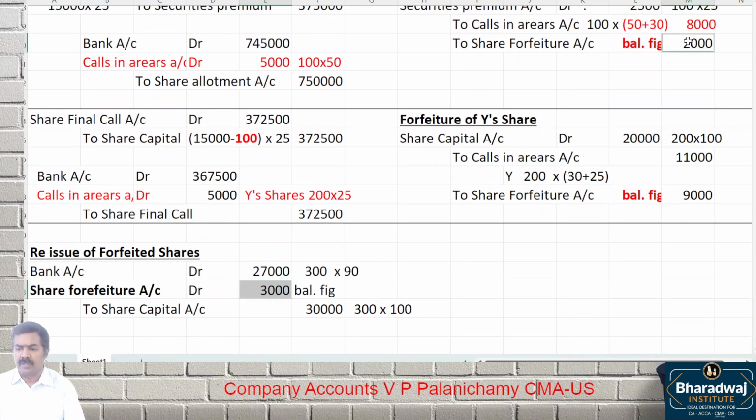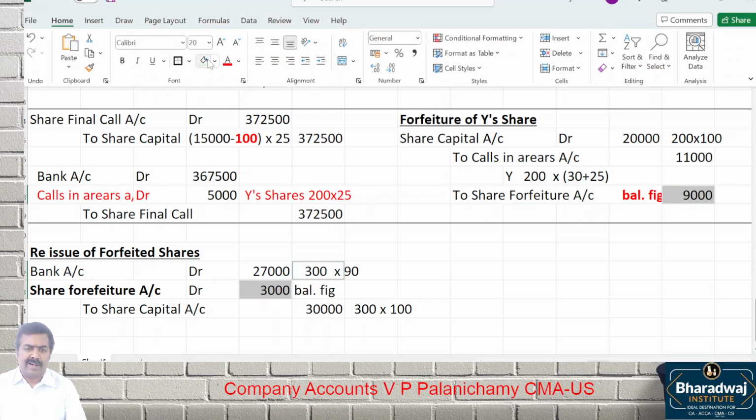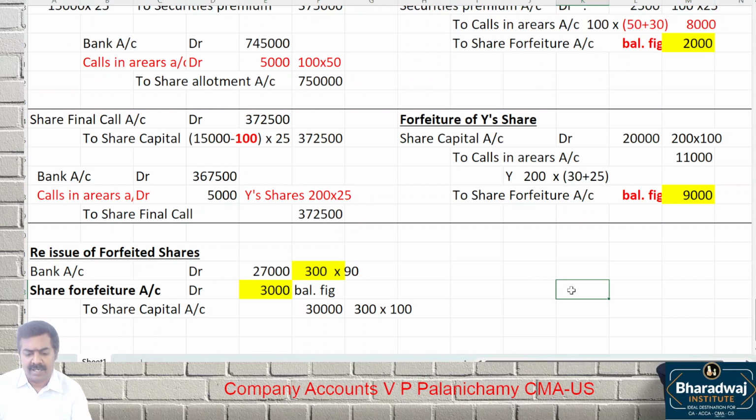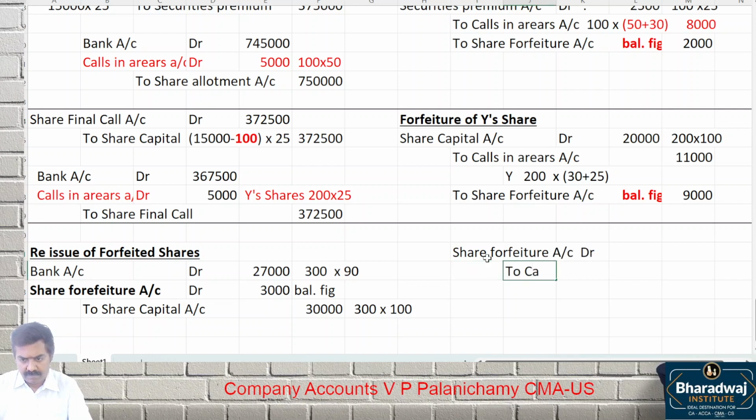இங்க ஒரு 2,000 profit இருக்கு. இங்க ஒரு 9,000 profit இருக்கு. Minus loss 3,000. Net amount we can transfer to capital reserve. Net amount we can transfer to which account? Capital reserve account. What entry will we pass? Share forfeiture account debtor. Once again, I repeat, how to work this out?